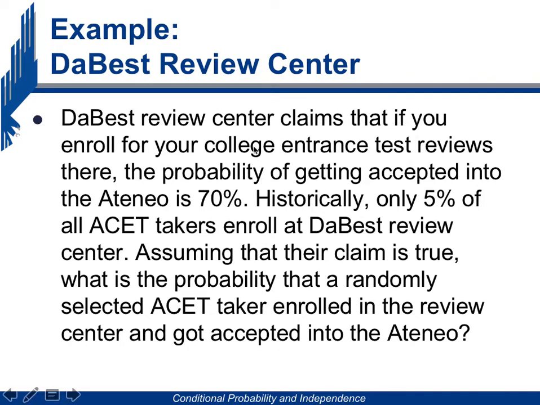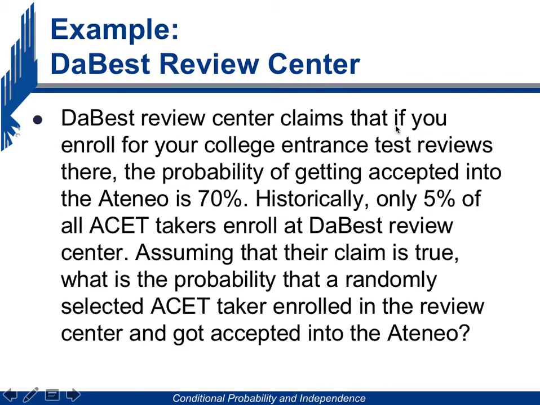So in the problem, some percentages or proportions or probabilities were given, and now we have to identify what these probabilities represent or imply. So again, 70% is the probability of getting accepted into the Ateneo if the student enrolled in the Best Review Center. So the word "if" should be a clue.